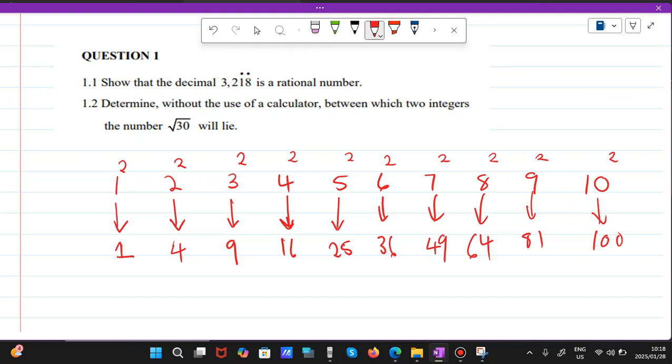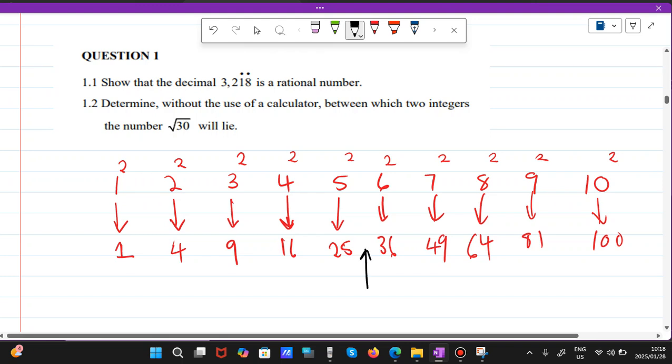So we need to know where 30 will lie, in between which two numbers. So we know 30 is greater than 25 and it's less than 36. So we know that 30 will be here.